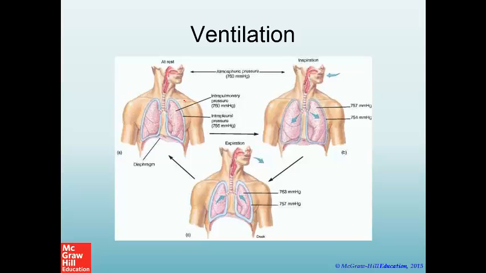You've got a pleural cavity, which has some liquid in it to cement the lung wall to the inside of the chest cavity and to the diaphragm. All right, so this intrapleural pressure, this pressure that's in the tissue in between the lungs and the chest wall, is about 756 millimeters of mercury.